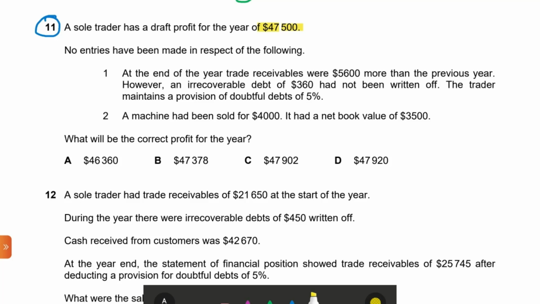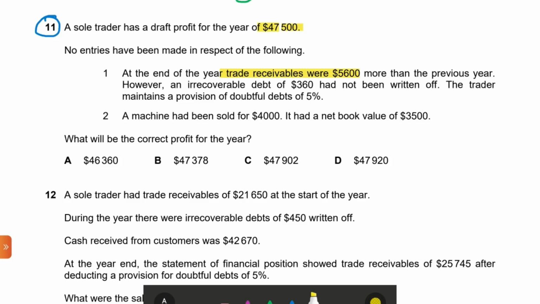At the end of the year, trade receivables were 5,600 more than the previous year. If the previous trade receivable is X, then X plus 5,600 is this year's trade receivable.